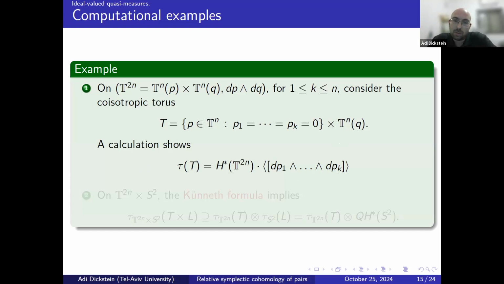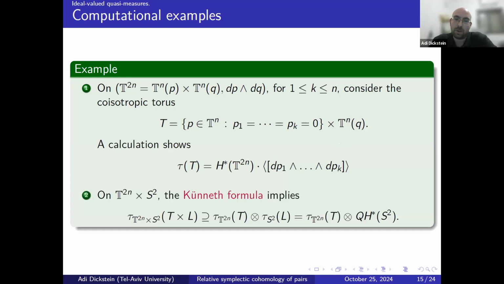Additionally, we proved a kind of product formula, and using it, we proved that the measure of the product of T with an equator L on the sphere contains the tensor product of the measure of T with the measure of L, which is just the quantum cohomology of the sphere.